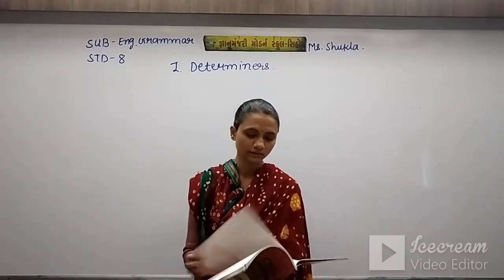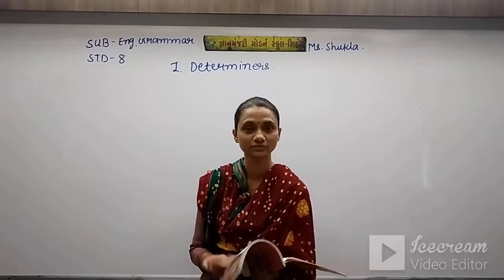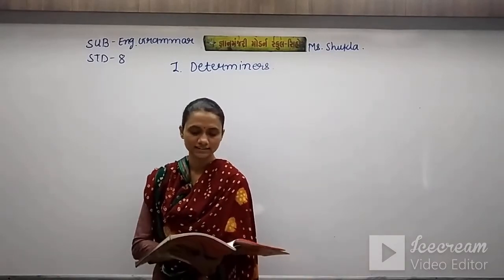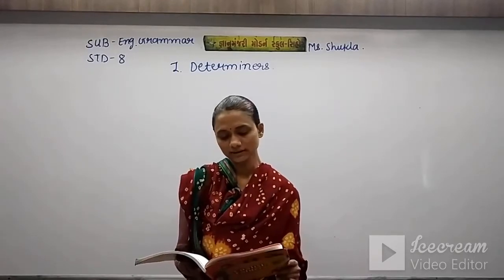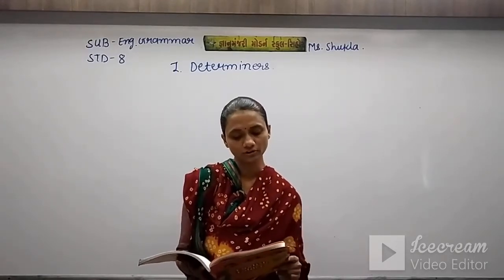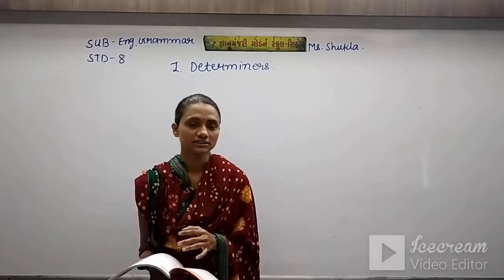First of all, in the box, the definition of determiners and uses of determiners are given. So, let's see what determiners are. A word that determines or limits a noun or a noun phrase is a determiner.